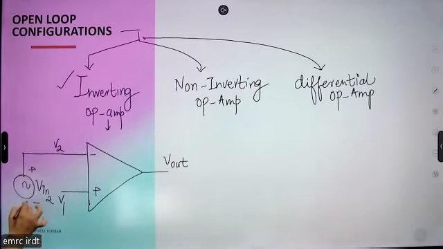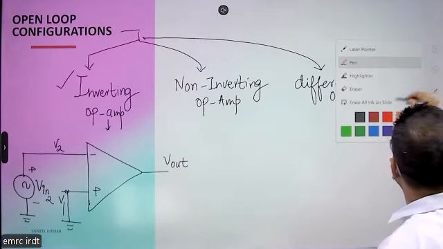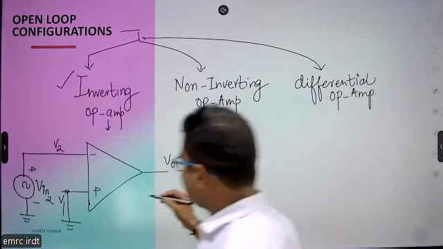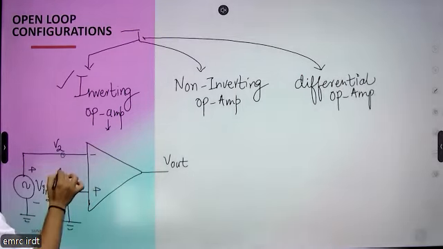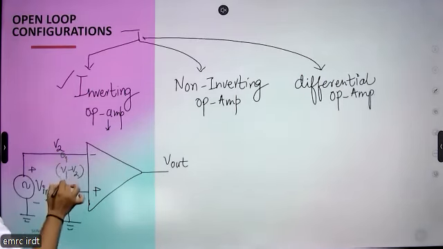This is the voltage connected at the inverting terminal, and the non-inverting terminal is grounded. So it will amplify the difference of these two signals. The difference is V1 minus V2, and this difference is going to be amplified.